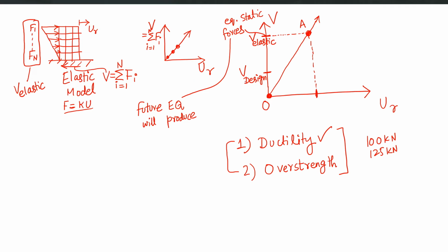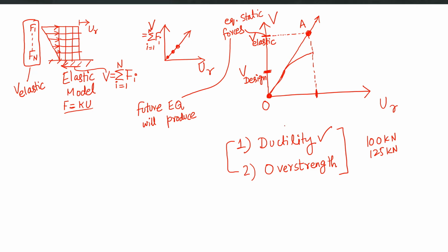We just apply V design, which is around 1/4, 1/5, 1/6, or it can be even 1/8 of the V elastic, right? And then we design on these reduced forces and give the capacity based on these reduced forces. So our structure is given a capacity up till this point to remain linear, and beyond that the structure is allowed to go into the non-linear range, right?